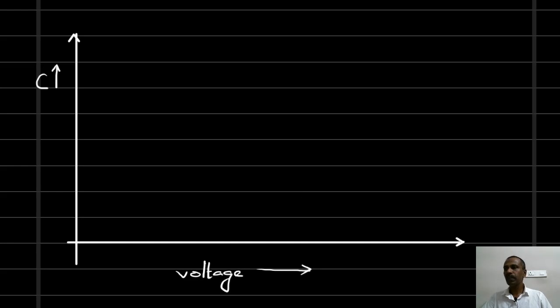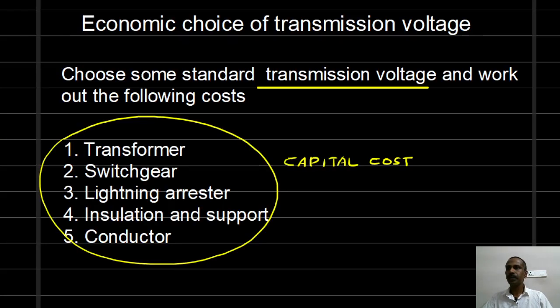Now we have chosen one particular transmission voltage and we calculate the capital cost corresponding to this particular voltage. Now we choose another transmission voltage. We choose a higher voltage. Now again you find out the capital cost for this increased transmission voltage.